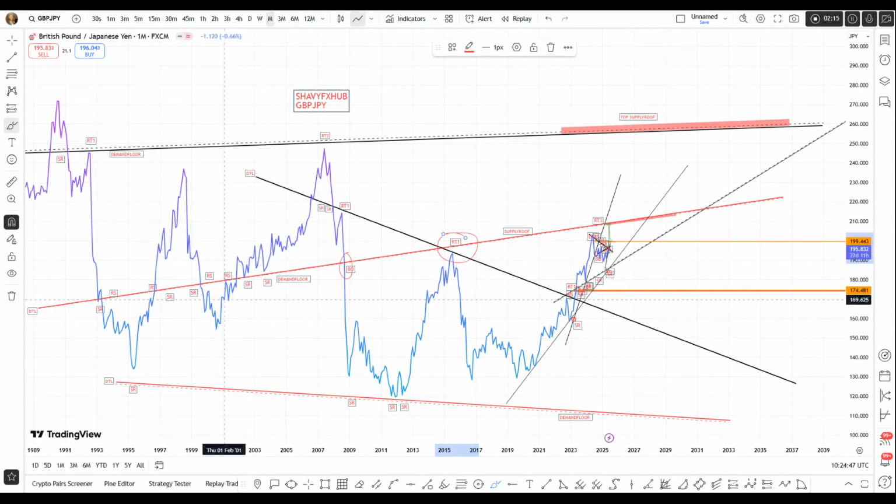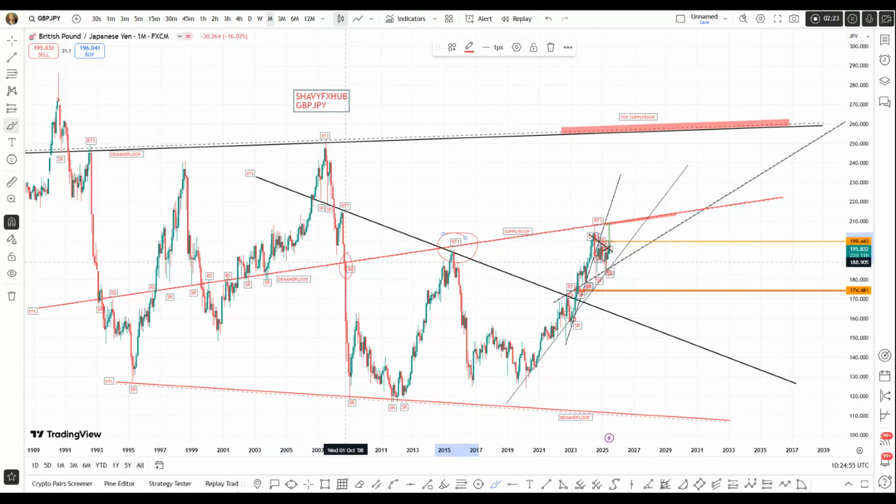Price respected it as a supply roof, and the break of a supply roof becomes demand floor 1, demand floor 2, demand floor 3. If you look critically, you will see structure here. There is a price action of a support at this level, and break of that support level returns here as a supply roof, RT1, and price came back here RT2 and respected the structure.